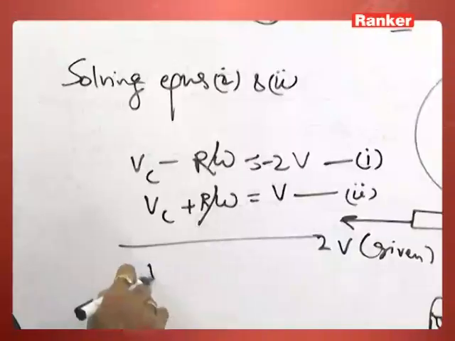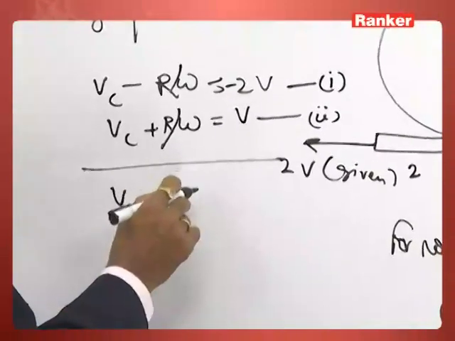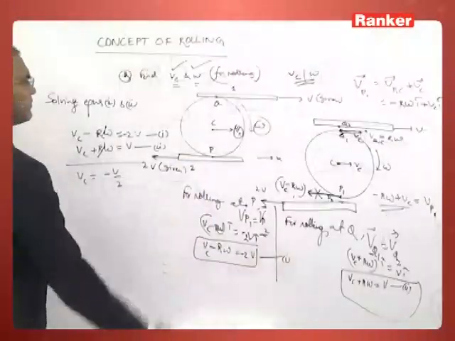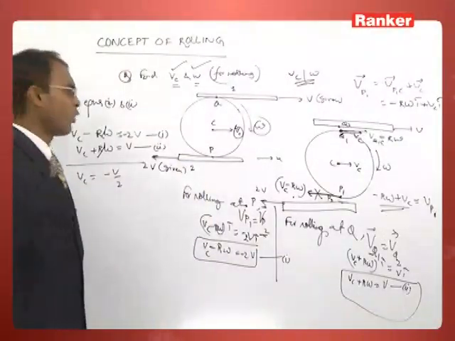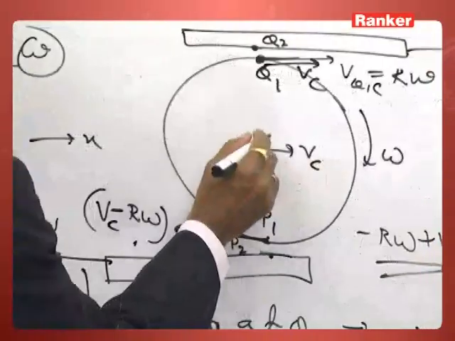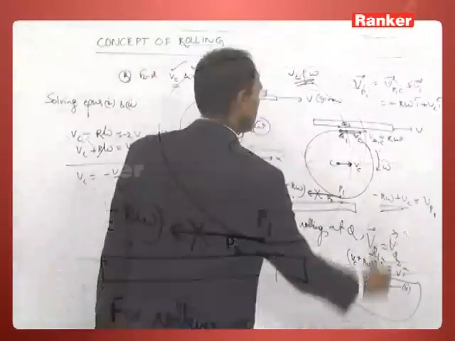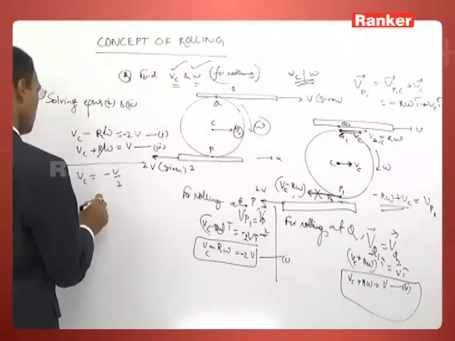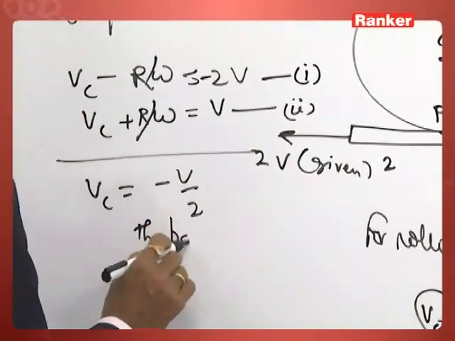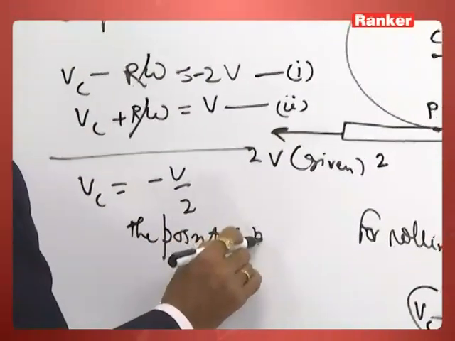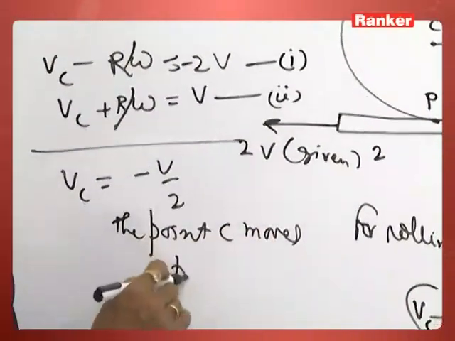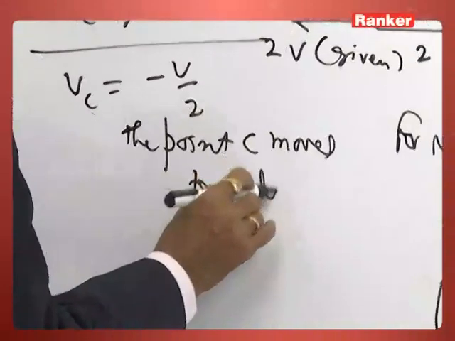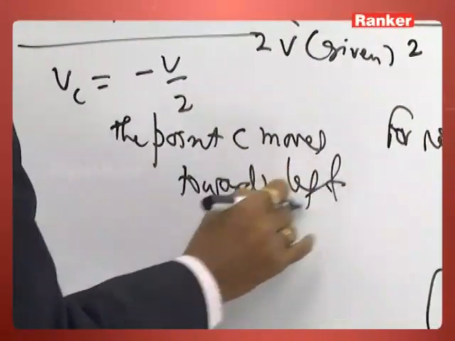So Vc is equal to minus v by 2. We have taken velocity of this point in positive x direction, but we are getting a negative answer. Therefore, the point C moves towards left.